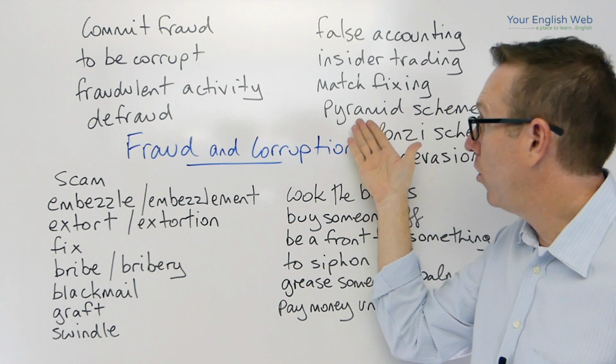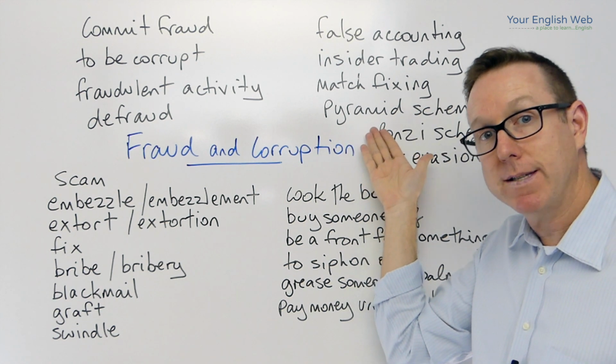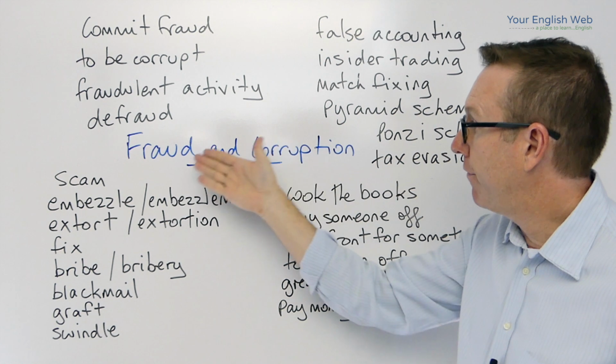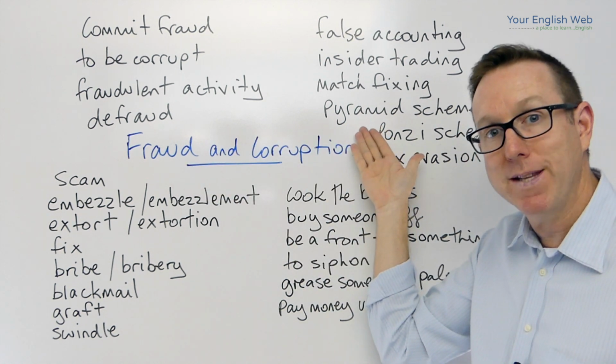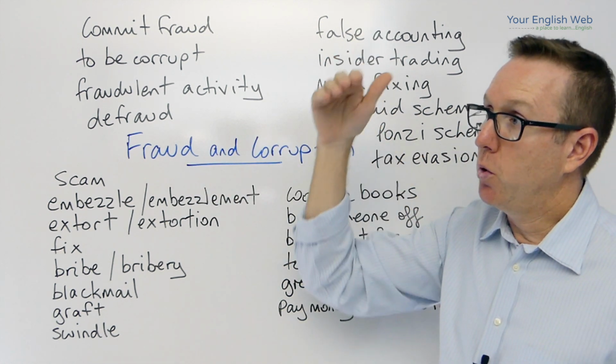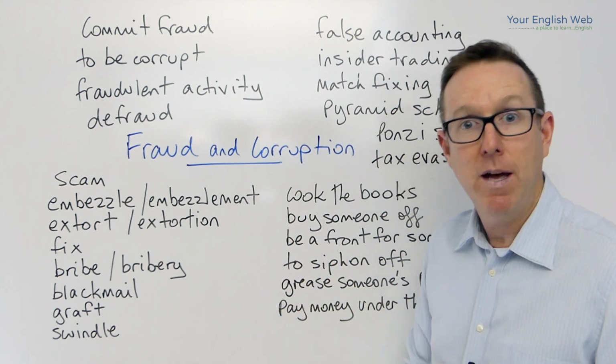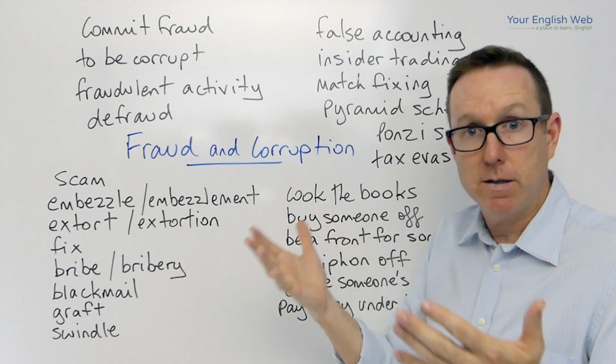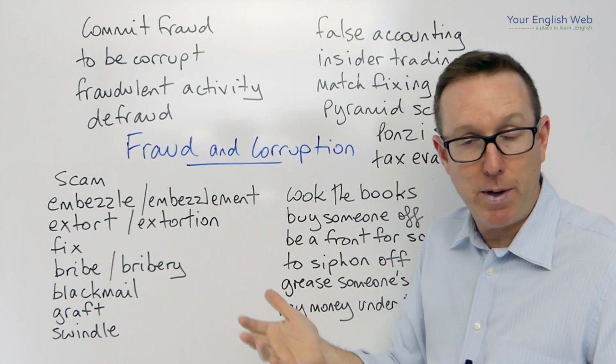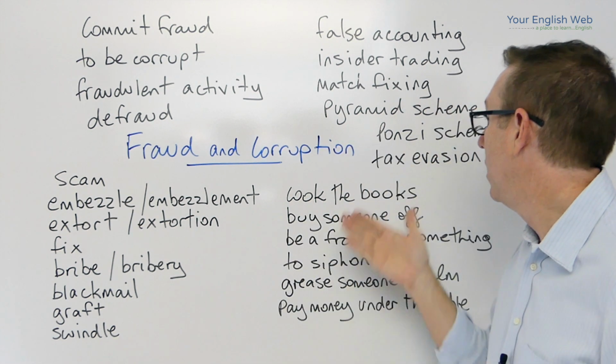Maybe you lose your money in a pyramid scheme. Somebody commits fraud with a pyramid scheme where you invest money in a type of scheme, and one day the money disappears and the person disappears. That's a pyramid scheme.